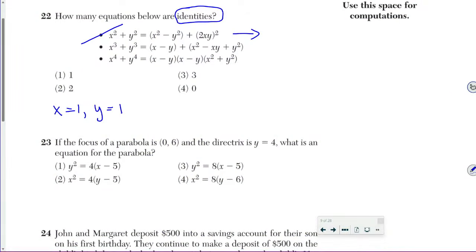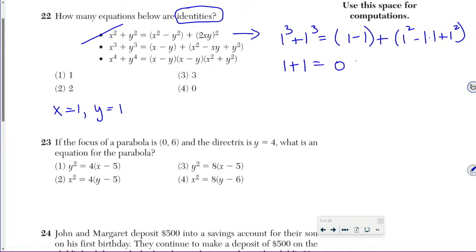For the next one, I've got 1 cubed plus 1 cubed is equal to 1 minus 1 times 1 squared plus 1 times 1 plus 1 squared. So 1 cubed is 1, 1 cubed is 1, 1 minus 1 is 0, 1 squared is 1, 1 times 1 is 1, 1 squared is 1.